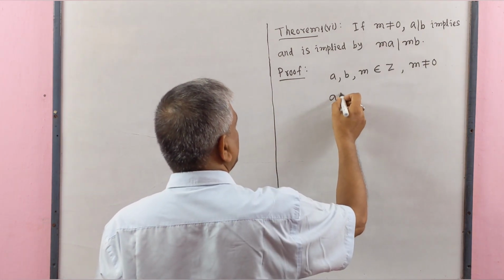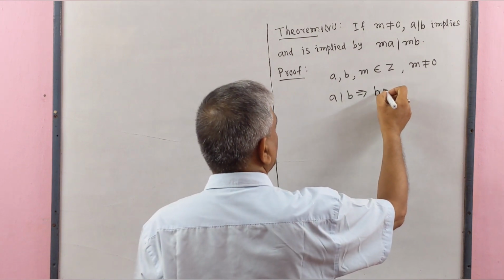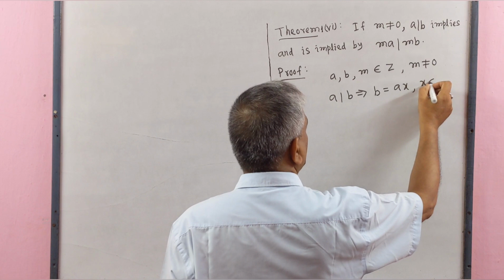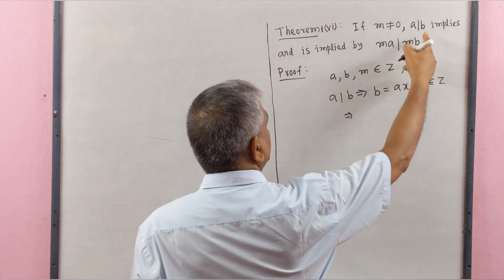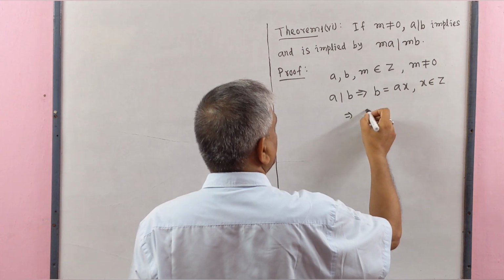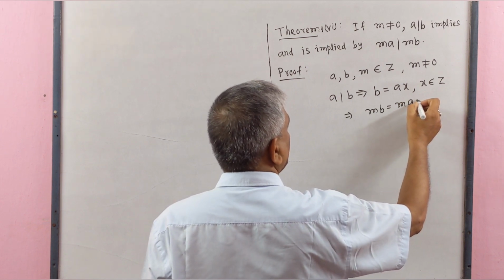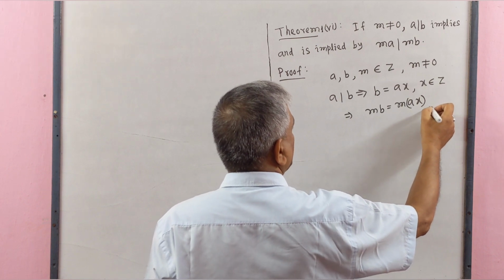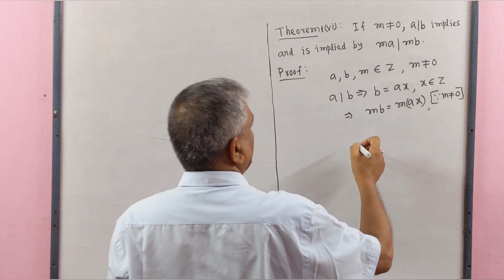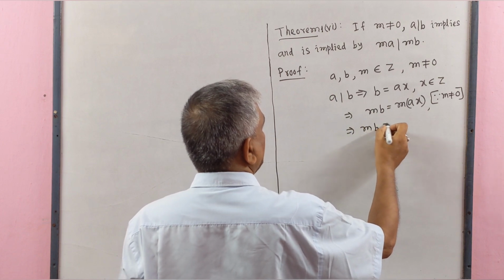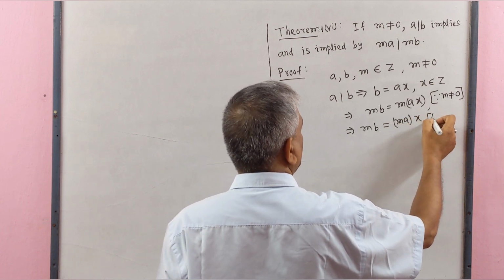Given that A divides B, therefore by definition of divisibility, B equal to AX, X belongs to Z. Since M not equal to 0, then MB equal to MAX, by associative law.